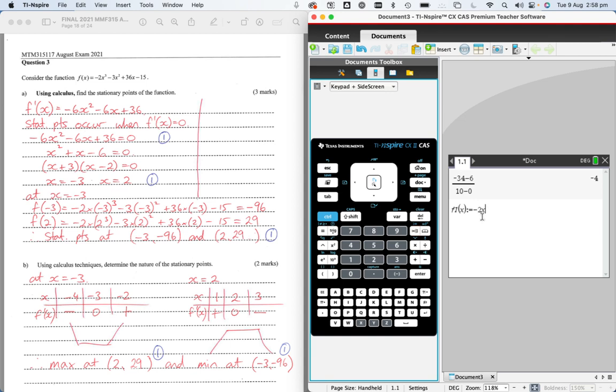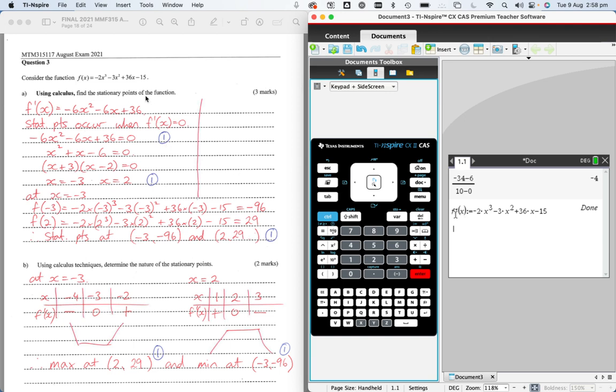So minus 2x cubed minus 3x squared plus 36x minus 15, enter. Double check. Okay, cool. So that'll be useful later on in the question. I'll explain why I've done it a bit later on.